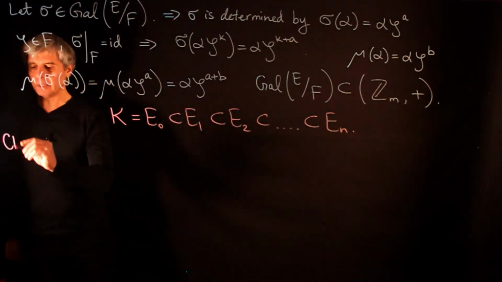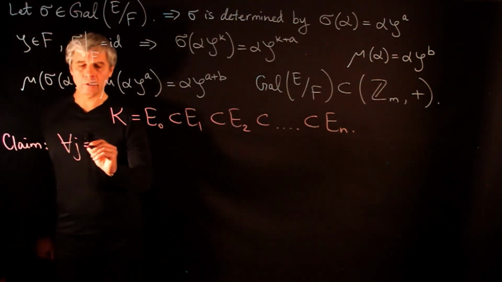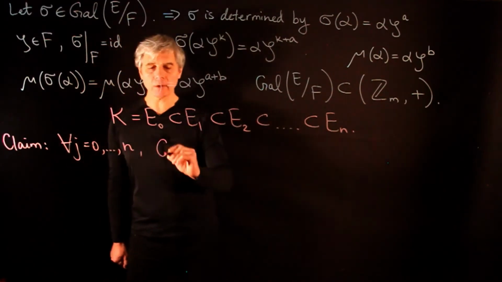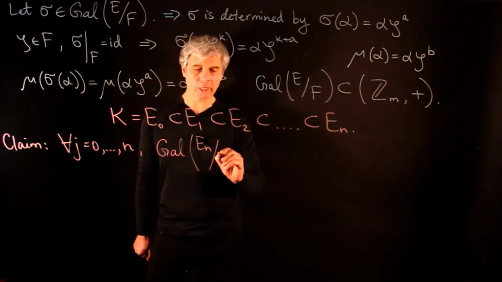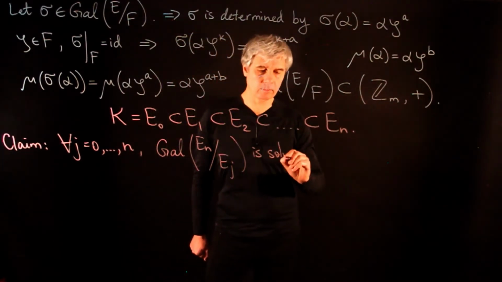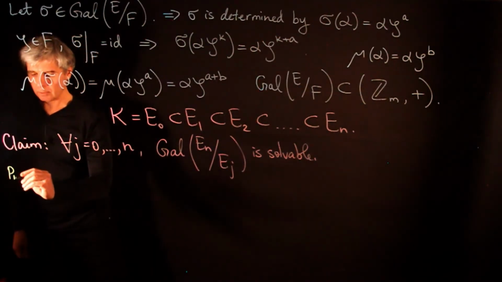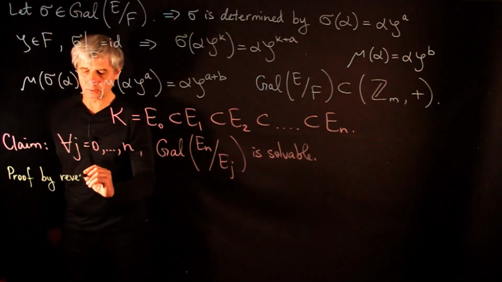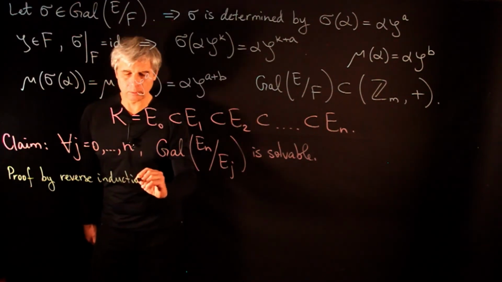We make the following claim, that for all j from 0 to n, the Galois group of En over Ej is solvable. We're going to prove this by reverse induction in j.